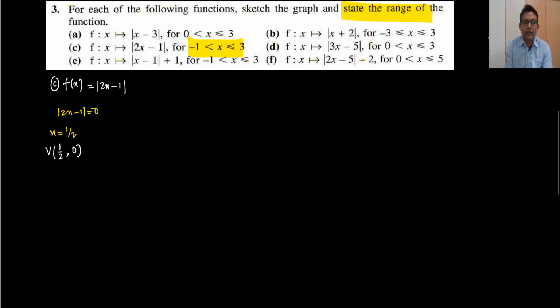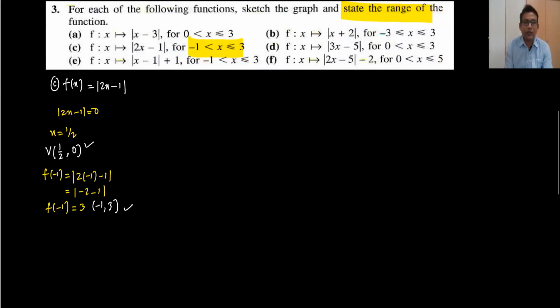Okay, the vertex is here. Now we need to substitute the minimum domain, -1. 2 times -1 is -2, minus 1 is -3, which will become positive. So f of -1 is 3, and the coordinates are (-1, 3). We got the first and second coordinates.